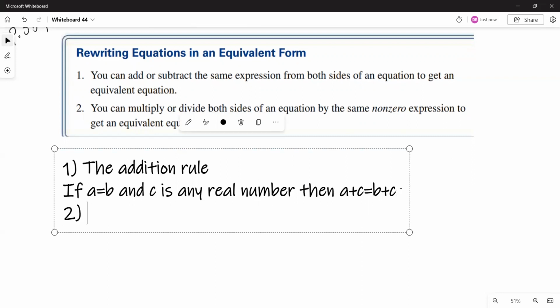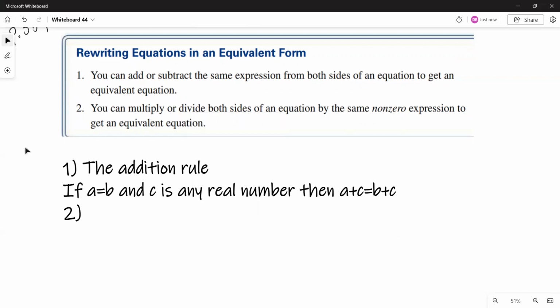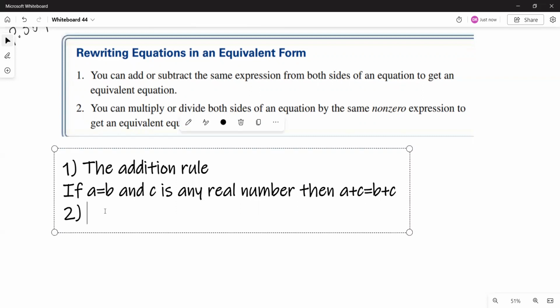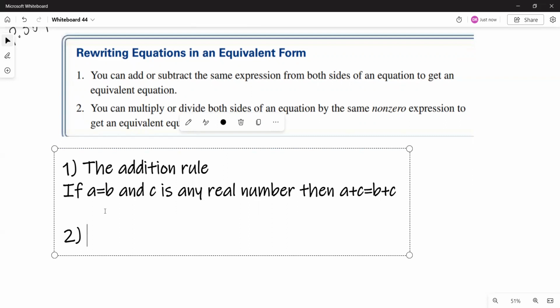And number two says that you can multiply or divide both sides of an equation by the same non-zero expression to get an equivalent equation. This is also called the multiplication rule.